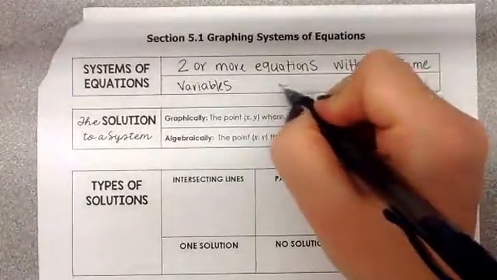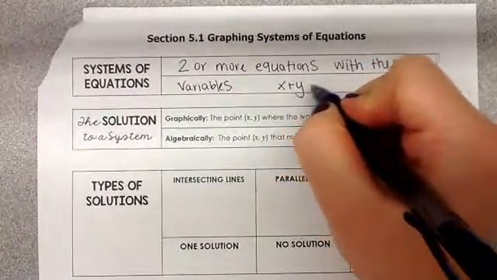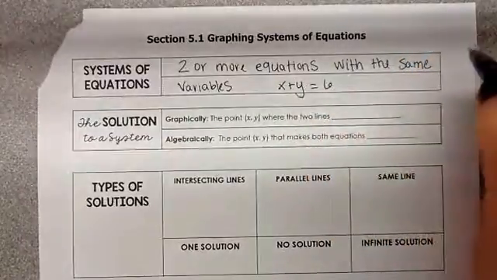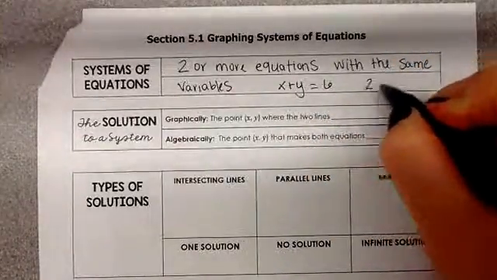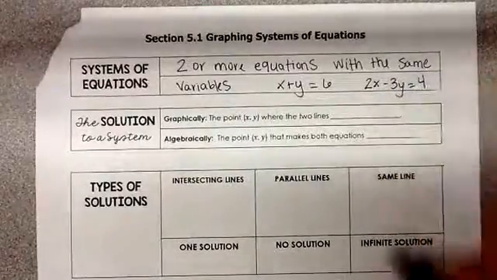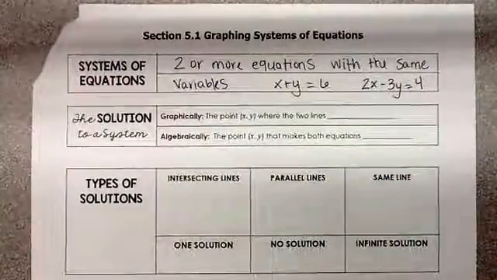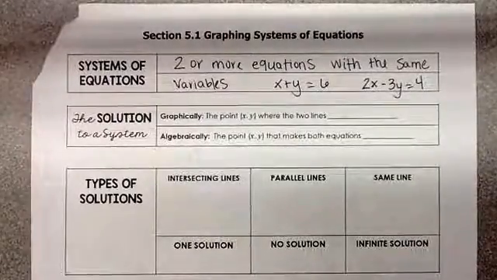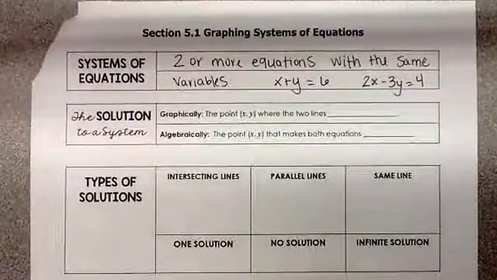For instance, x plus y equals 6, and then if I have another equation with x and y, they both have x and y. So, two or more equations with the same variables.